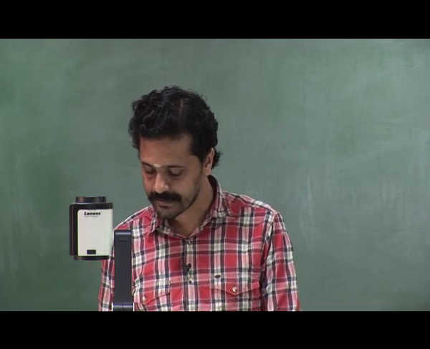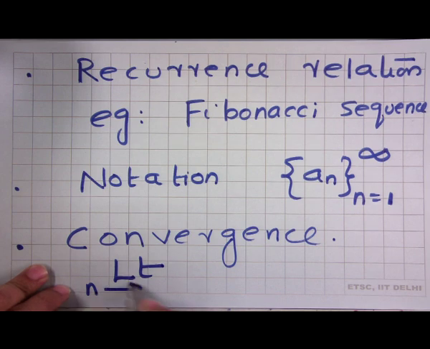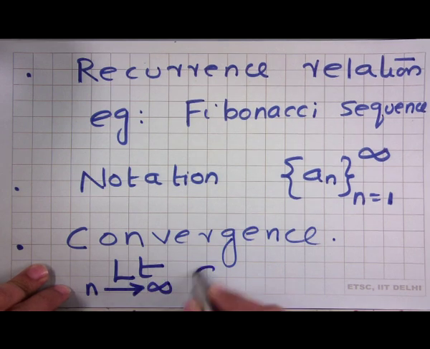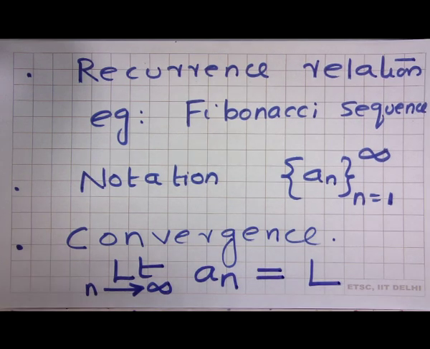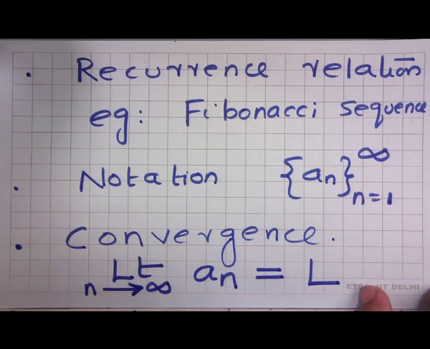Recall that by the notation limit n tending to infinity a_n equal to L, what we mean is that the terms of the sequence, namely a_n's, approach closer and closer to the fixed value L as n becomes large enough.